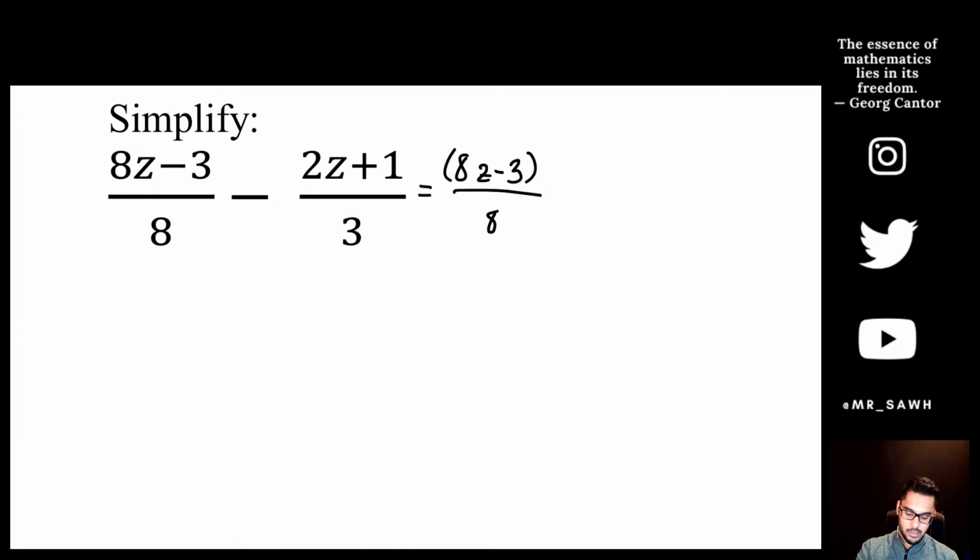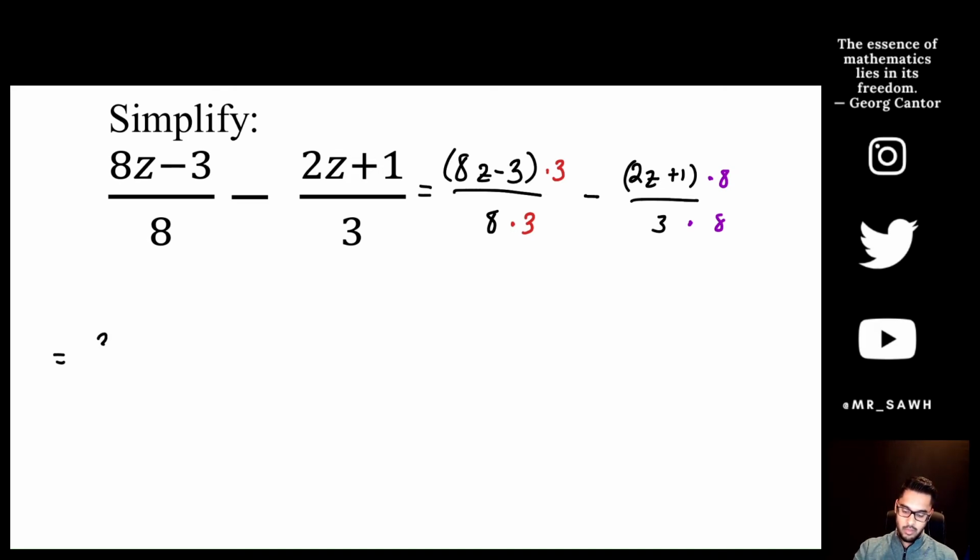And I'll use some colors here to help, because 8 multiplied with 3 will get me to 24. So I'll change the top as well. Minus, that's 2z plus 1. And that new denominator is a 3. And we'll multiply this one by 8, right? Because that'll get me my 24 in the denominator like I need.